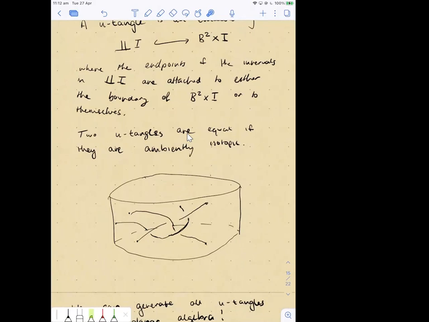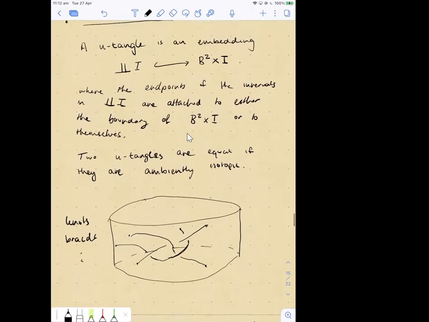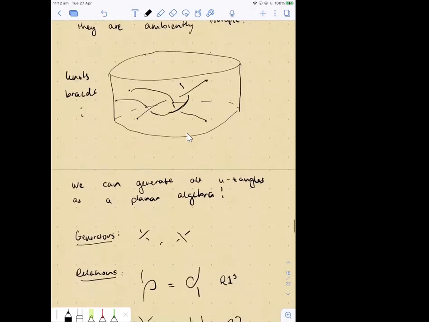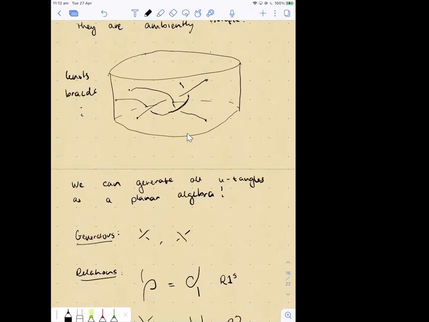Now, contained in the set of all U-tangles, we have knots, we have braids, we have any other usually knotted objects that you might be interested in. And this is useful because we can generate all usual tangles as a planar algebra.